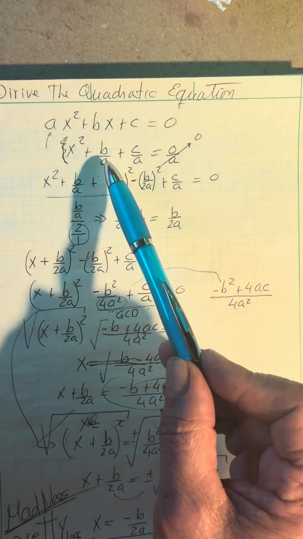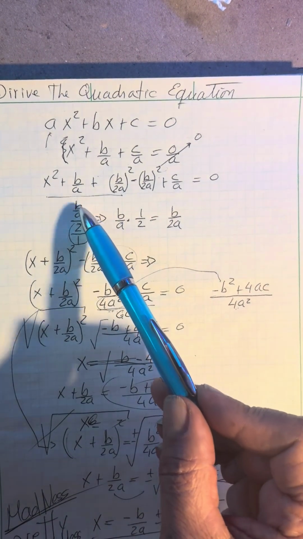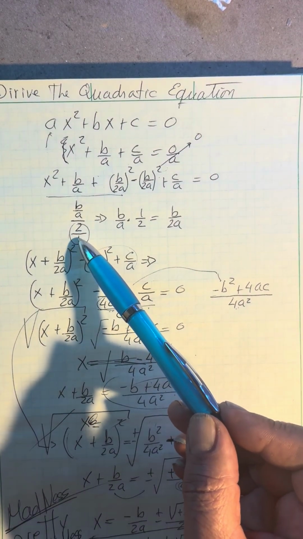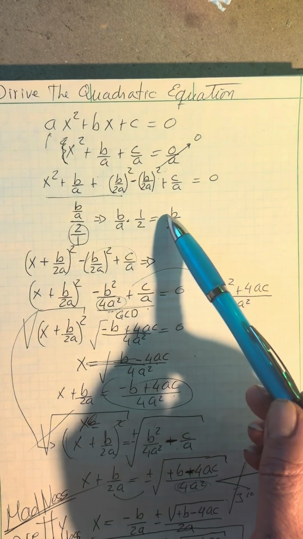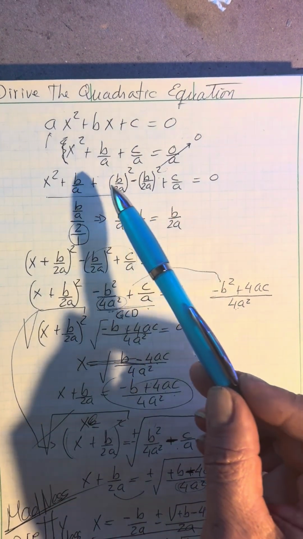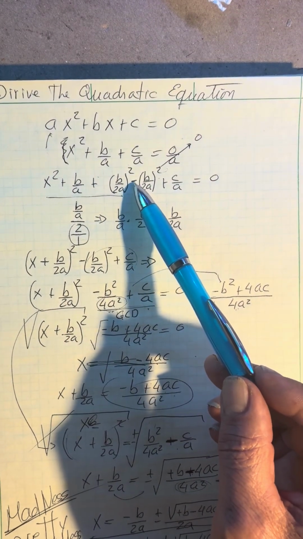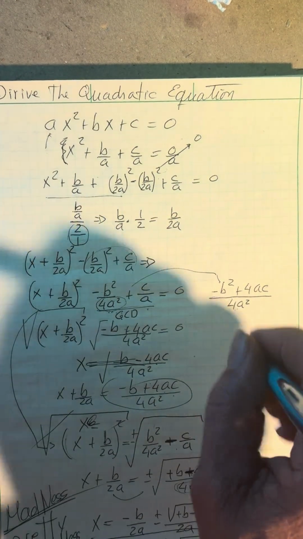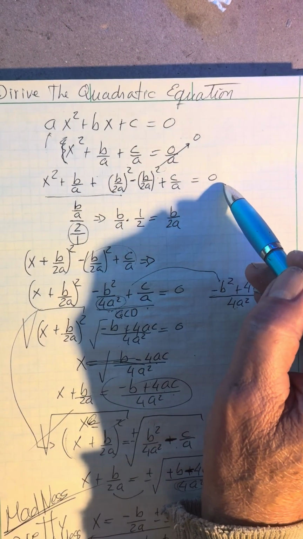Then we have to find half of b over a, which is b over a divided by 2. Then we put a 1 underneath the 2, and we flip it like this, and then we get b divided by 2a, and so we have to square that here. Then we have to subtract the same amount, and then we have our c over a equal to 0.